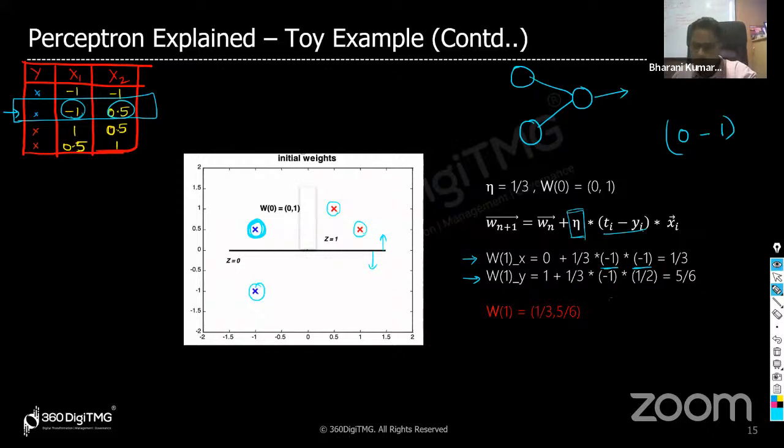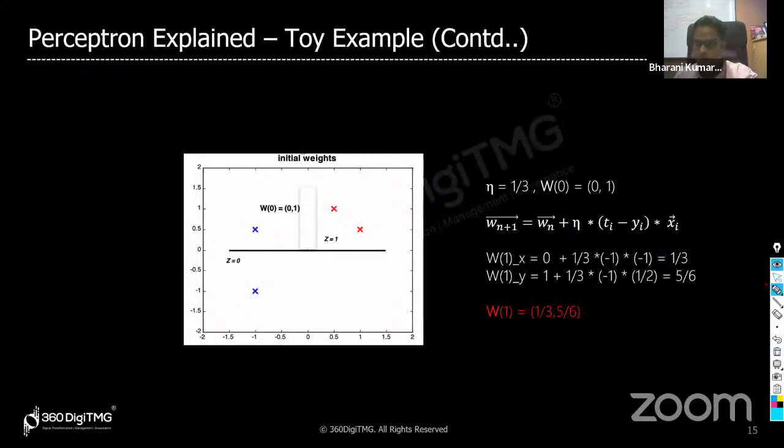So 0 minus 1 is -1, into the input 0.5, which is 1 by 2. When you solve it, you get 5 by 6. So the new weights will be 1 by 3 and 5 by 6. Okay, so these are the new weights.